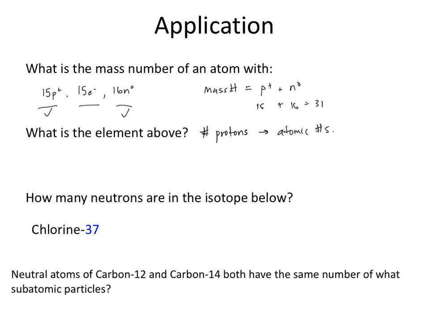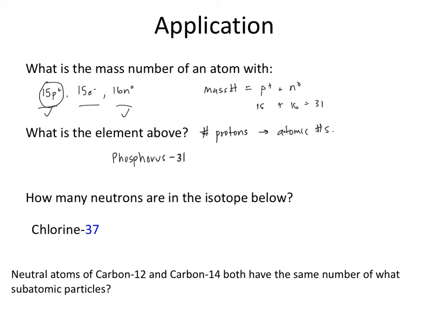So if we look at a periodic table and look above the element symbol, we're going to look for the element that has a 15 above it. If you scan over, you will find phosphorus, which is represented by the letter P on the periodic table. So phosphorus. And specifically, since we know our hyphen notation, we can also say it's phosphorus-31.